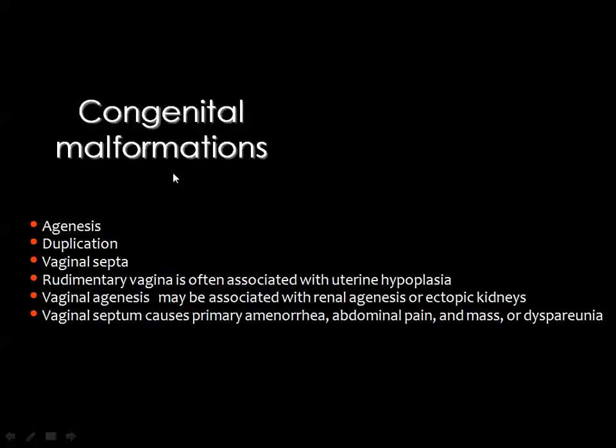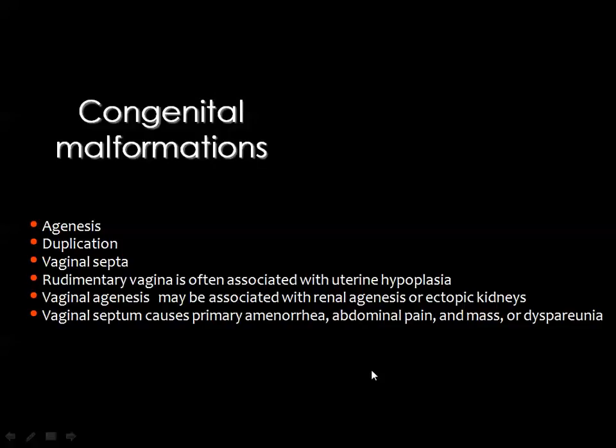And these are the expected abnormalities or the congenital lesions: agenesis of the vagina, duplication, vaginal septum, rudimentary vagina is associated usually with uterine hypoplasia, and vaginal agenesis may be associated with renal agenesis or ectopic kidneys.